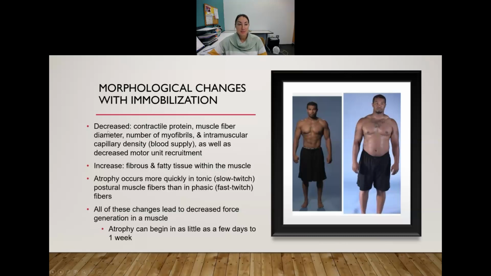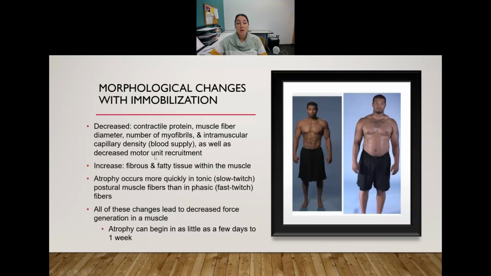So the things that are decreased with immobilization, this could be if you're bedridden, this could be if you have a cast on an area, or this could be just if you went from working out to just a sedentary lifestyle. There will be a decrease in contractile proteins, muscle fiber diameter, and myofibril number. Intramuscular capillary density, that's the blood supply to the muscle, and motor unit recruitment.